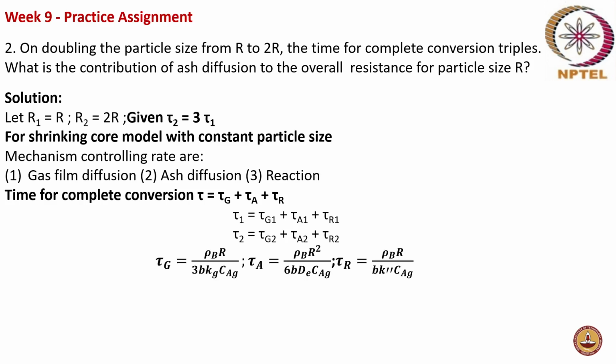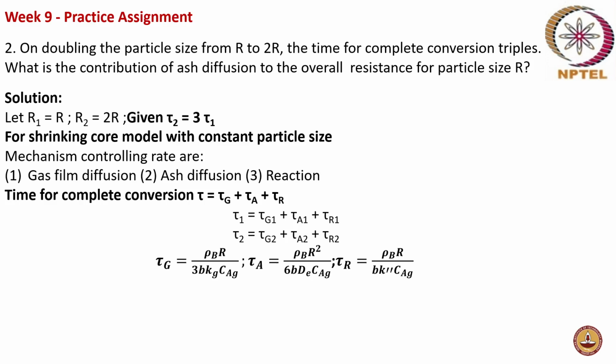Now the next step is, what is the expression for tau G, tau A and tau R for a shrinking core model with constant particle size? So tau G is given by rho B R divided by 3 b kg CAG. Similarly, tau A is given by rho B R square by 6 b De CAG, and tau R is given by rho B R by b k double prime CAG.